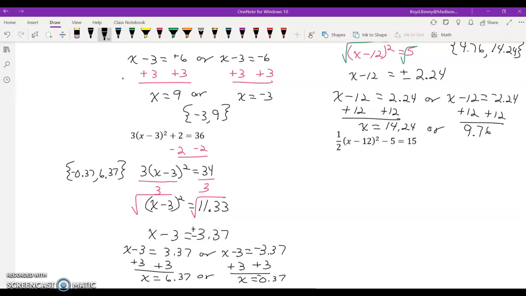And for our last example, we need to add 5. It's going to leave us with 1/2 times x minus 12, quantity squared, equals 20. Next, we'll multiply both sides by 2.